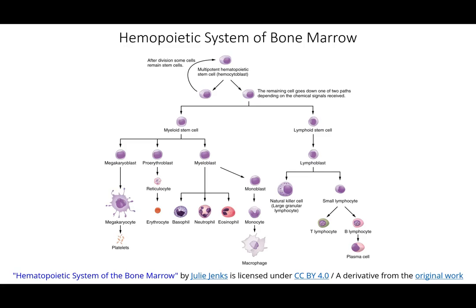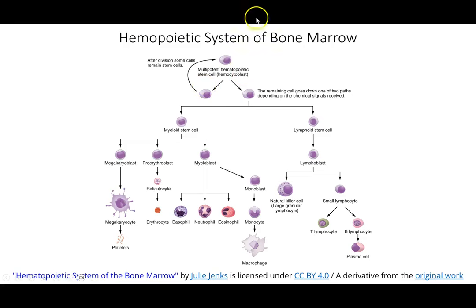So these stem cells, again, can undergo mitosis without that cytokinesis, that cellular division, and so that allows them to be able to further differentiate into any of these other cell types. And so the hematopoietic stem cell here, or hemocytoblast, is that first step in the development of blood cells.